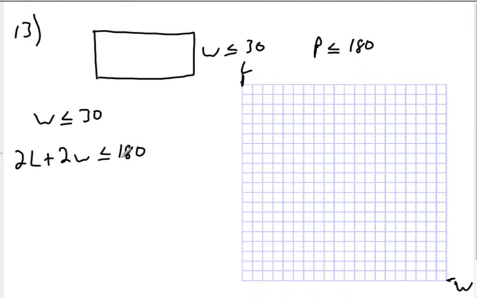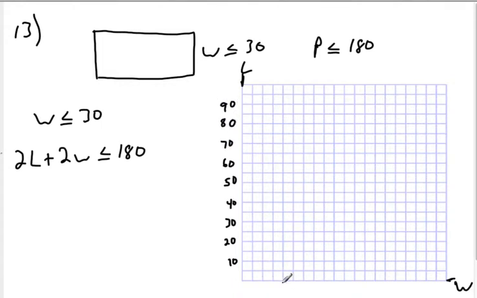So I need to get up to, oh geez, if that's 0, that would be 90. Okay, so I'm going to have to go up to 90 here. So 10, 20, 30, 40, 50. Okay, so each 2 will go by 10. So 10, 20, 30, 40, 50, 60, 70, 80, 90.